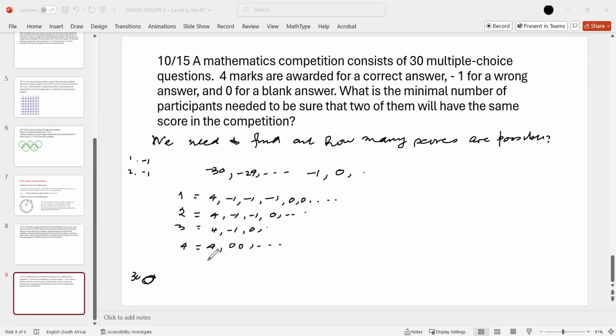Okay. Now, 5, you kind of have 4 plus 1. So you'll have 4, and the 1 you can replace with this now: 4, -1, -1. That's 8 minus 2. So you could go to 6.